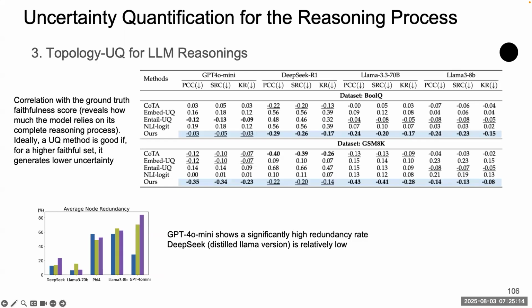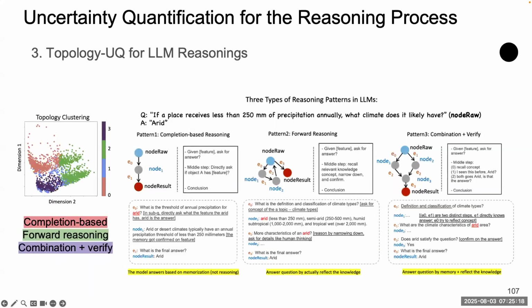With all the reasoning paths and topologies specified, they also run a clustering algorithm to find out whether there are some common reasoning strategies generated by long-reasoning models. They do k-means clustering, I believe, and in this figure you can find 4 clusters mentioned.